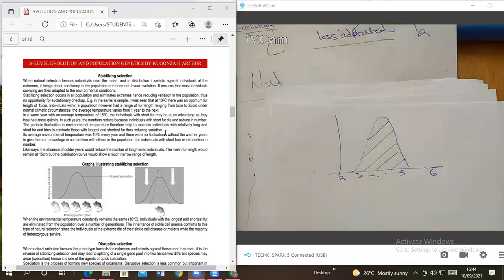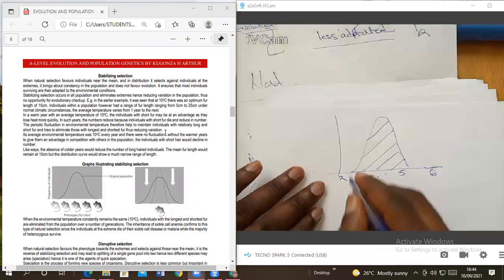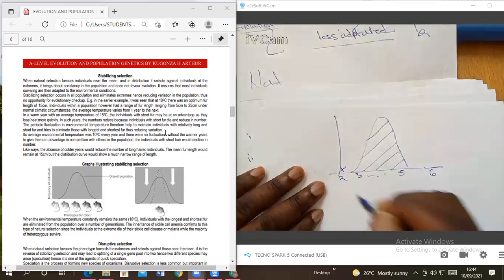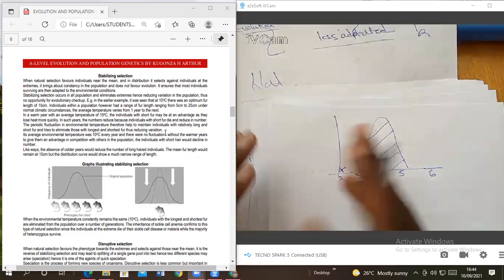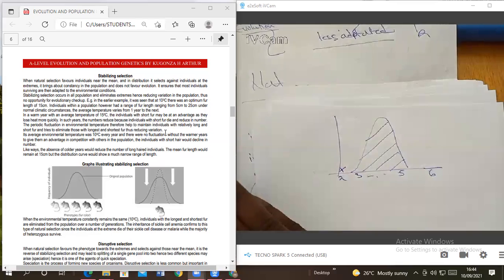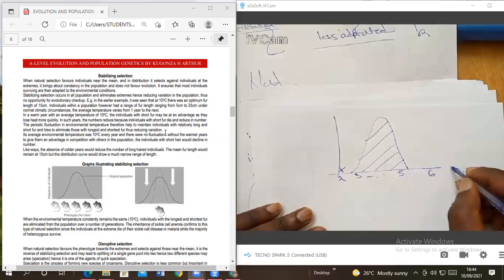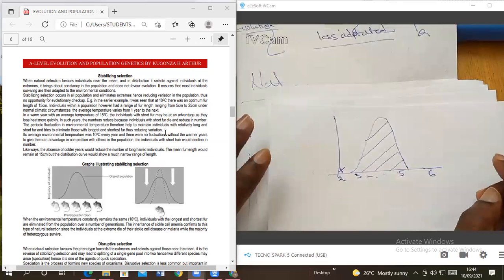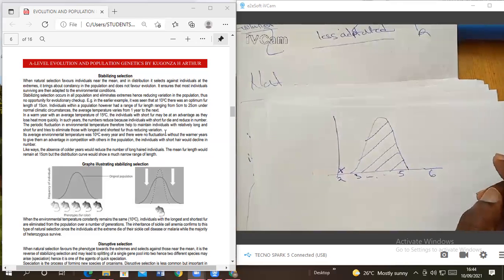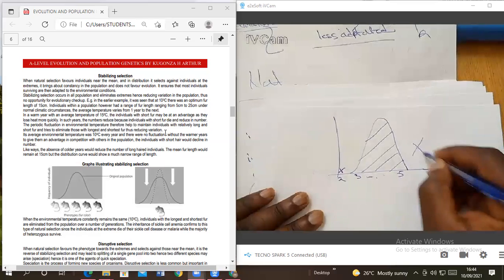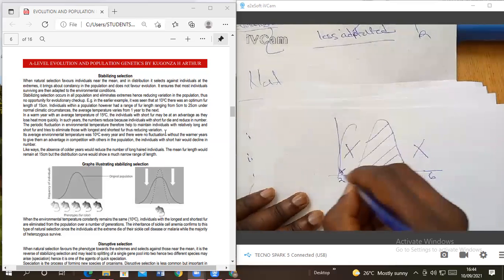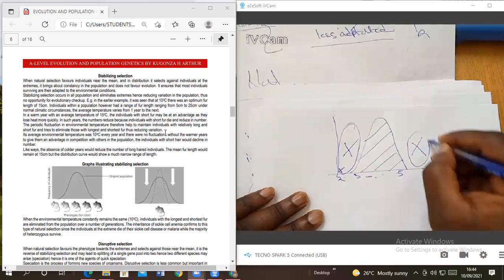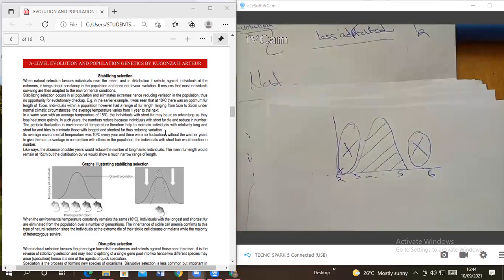Because the environmental conditions are not changing, the babies who have low weights will be weak generally. They will die. Those who are fat also will not survive at the point of being born. They will also die. Are you seeing how the intermediates are the only ones being given a chance to survive? Therefore, here the selection pressure favors only intermediates.